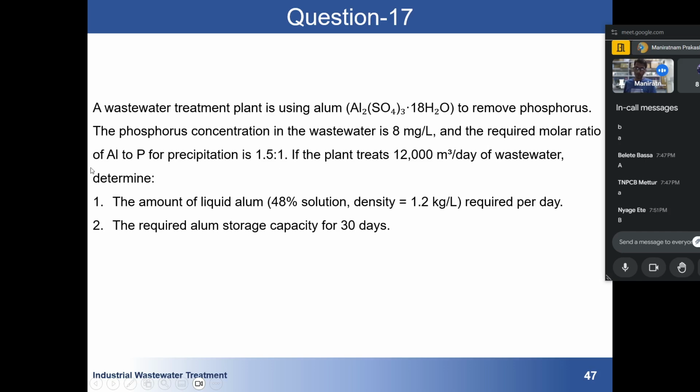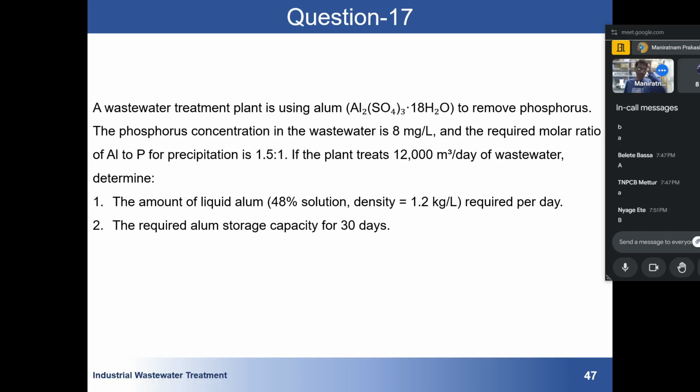However, for each mole of phosphorus, 1.5 mole of aluminum is needed. A plant treats this much wastewater. Determine the amount of liquid alum, 48% by solution, density 1.2 kg per liter, required, and the required sludge storage capacity.